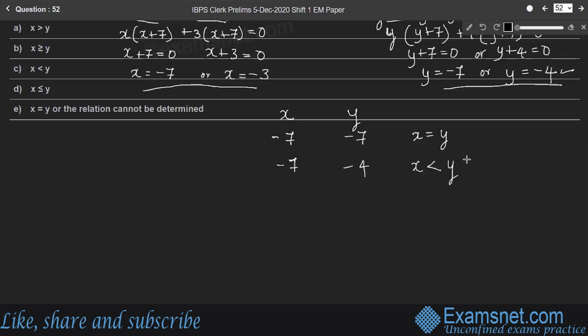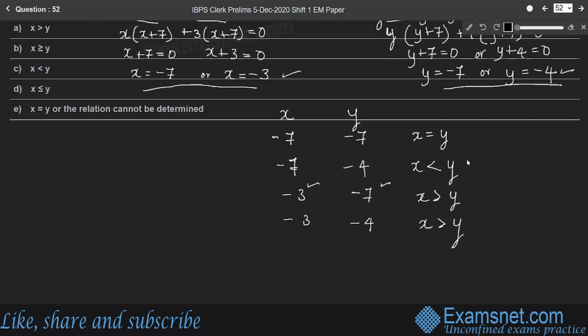Here minus 7, a negative integer, is less than y. If x is minus 3 and y is minus 7, here minus 3 is greater than minus 7, therefore x will be greater than y. If x is minus 3, y is minus 4, then also x is greater than y.